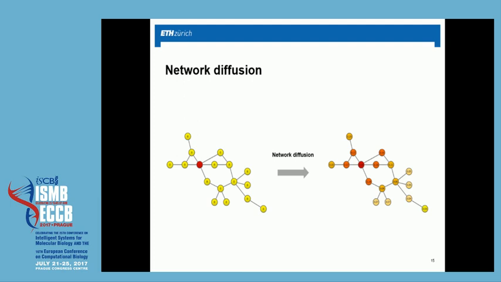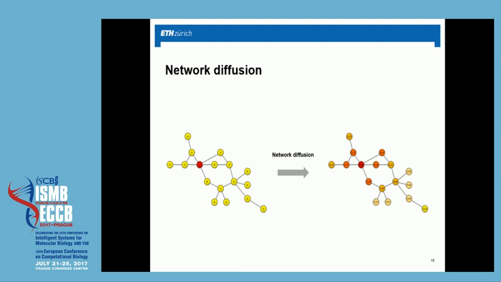For example, this gene might have been mutated and all the others not. And the idea is then to say that, well, maybe the neighboring genes in the network, they also play a role in the process. That's the basic idea. Guilt by association is the prototypical way of approaching this. And there's different ways of doing this in the context of networks.